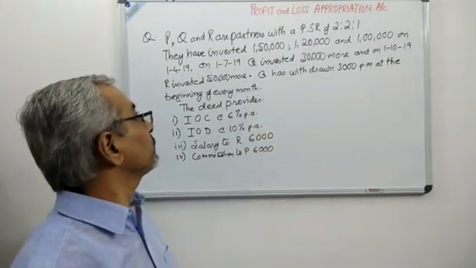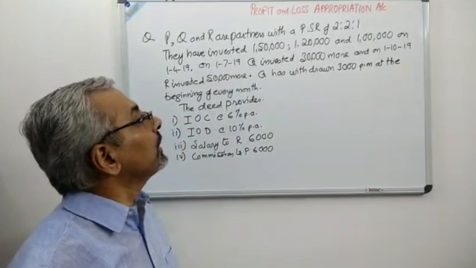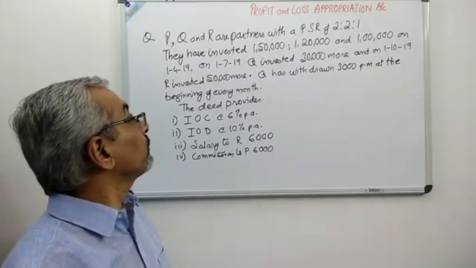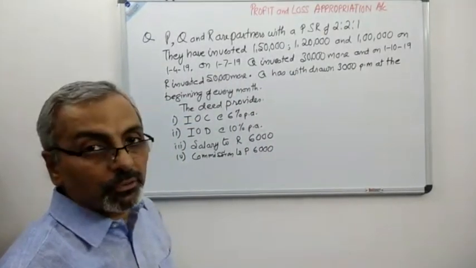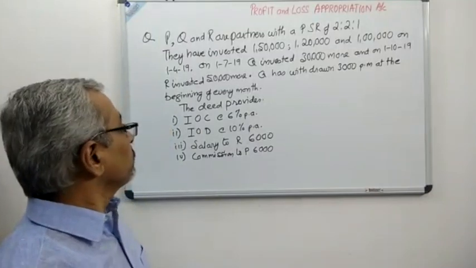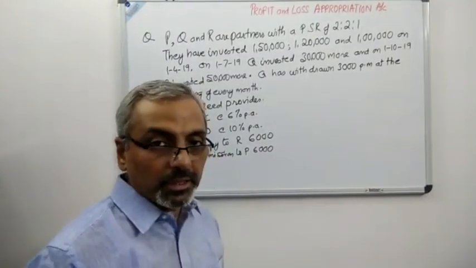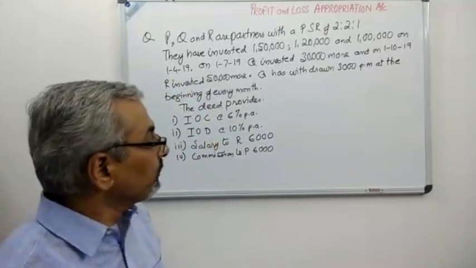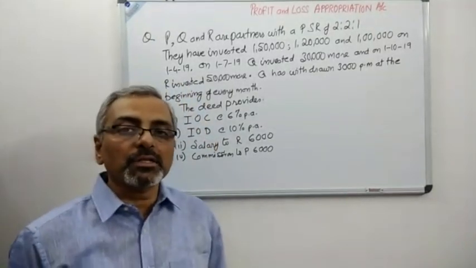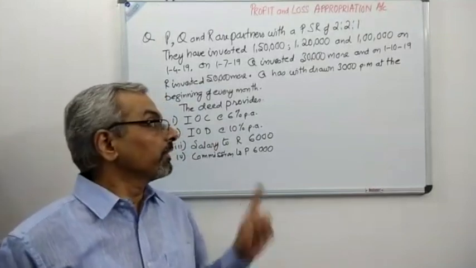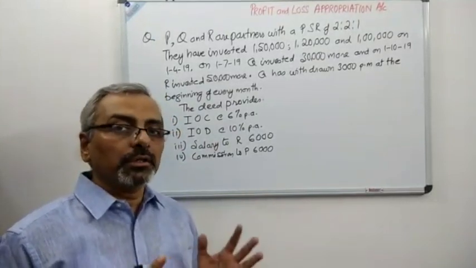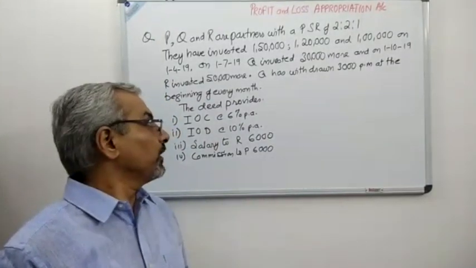For Q it is 1,20,000 and 30,000, and for R it is 1,00,000 and 50,000. Only one partner has withdrawn money, and that is Q, and he has withdrawn 3,000 rupees per month, at the beginning of every month.